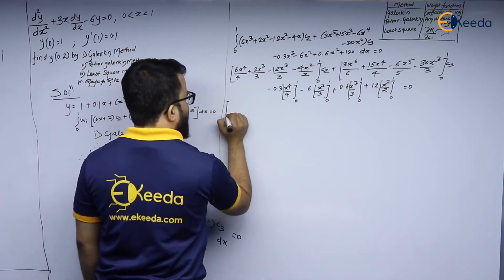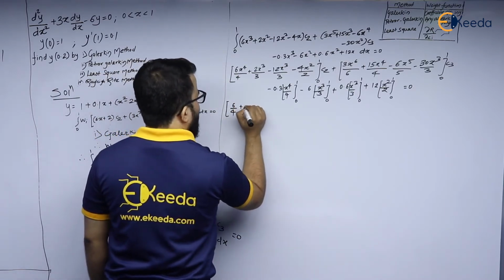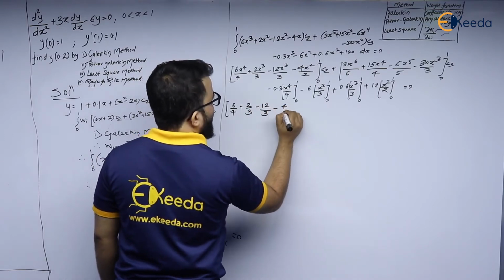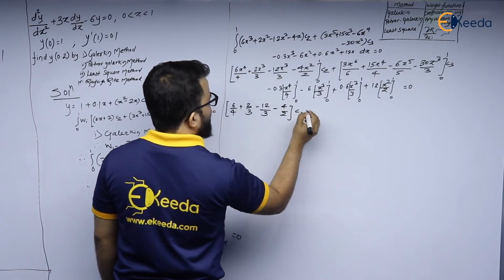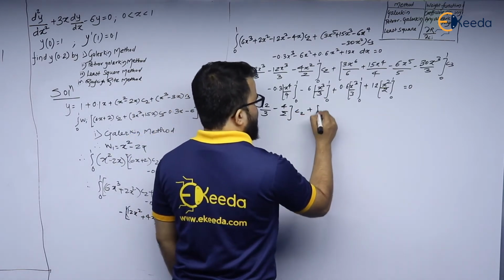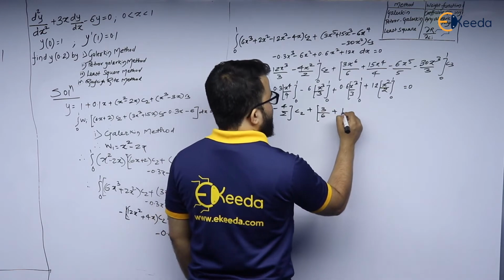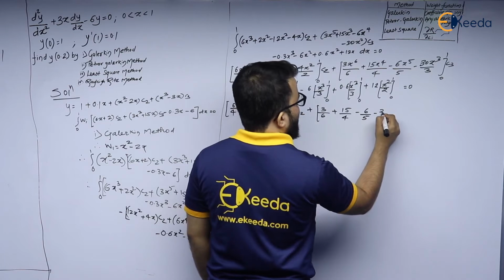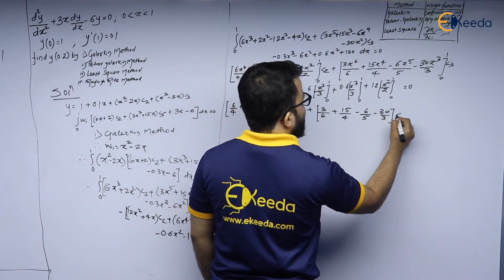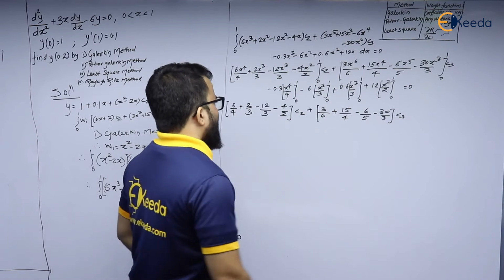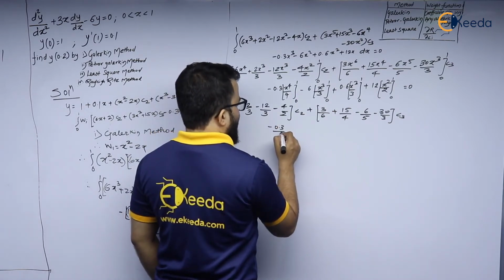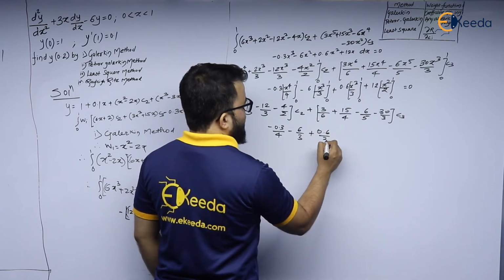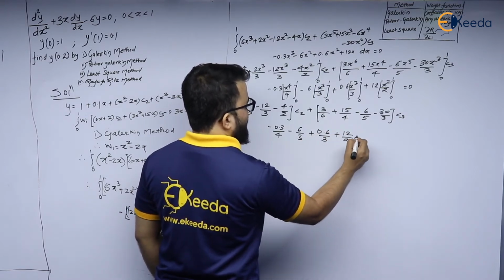So this becomes 6 by 4 plus 2 by 3 minus 12 by 3 minus 4 by 2, C2, plus 3 by 6 plus 15 by 4 minus 6 by 5 minus 30 by 3, C3, minus 0.3 by 4 minus 6 by 3 plus 0.6 by 3 plus 12 by 2 is equals to 0.